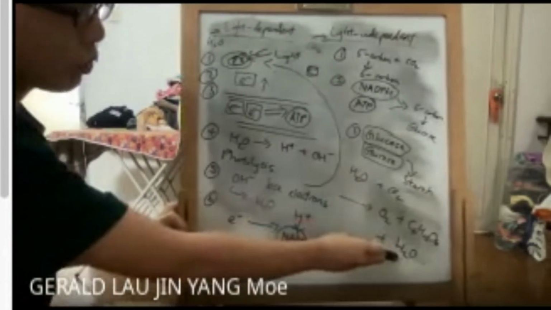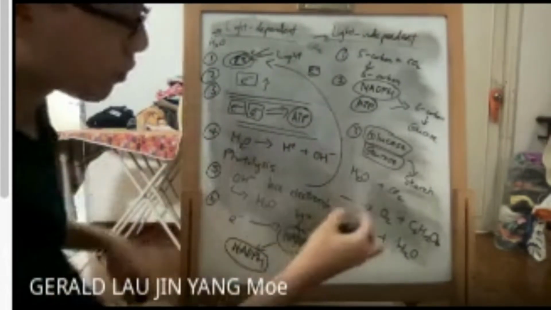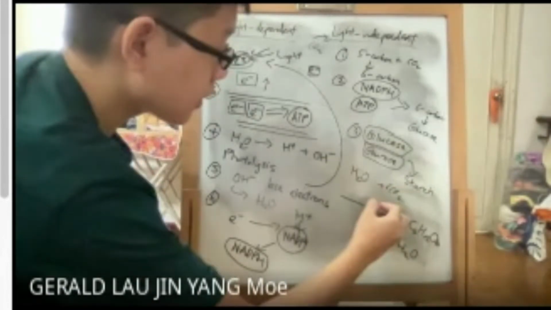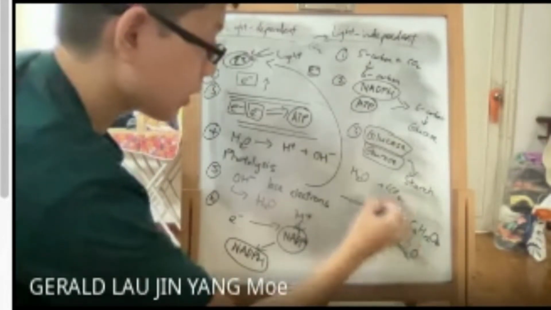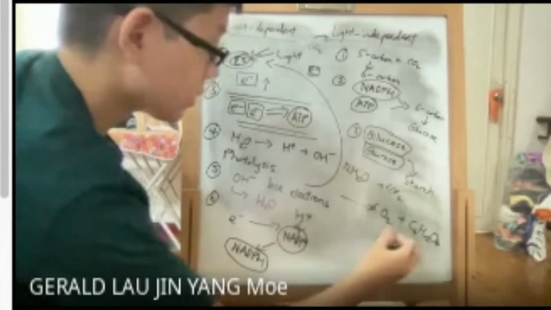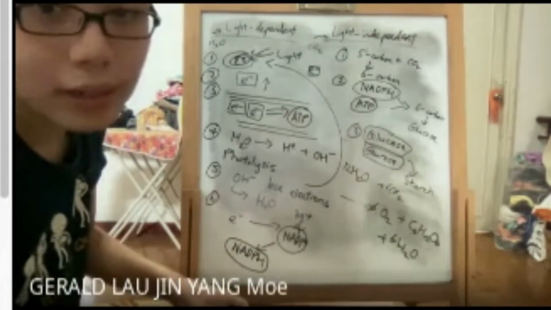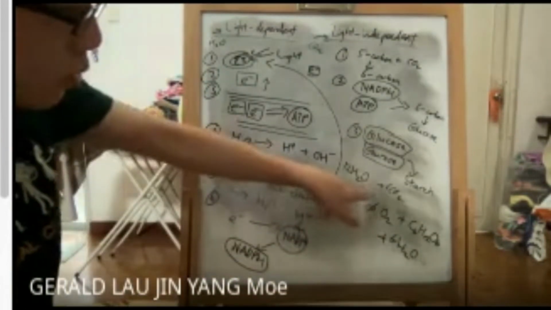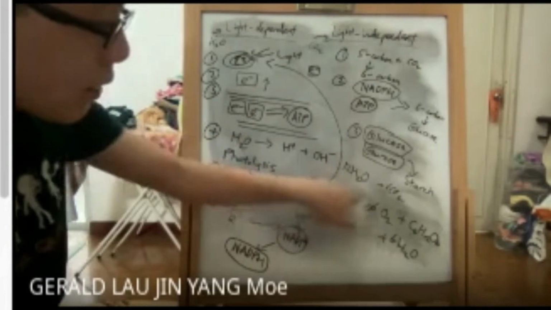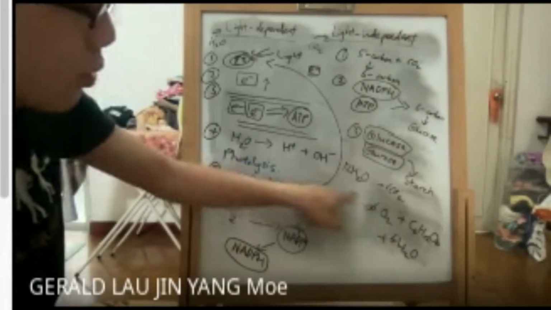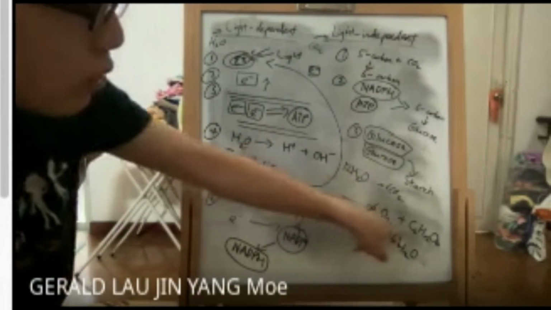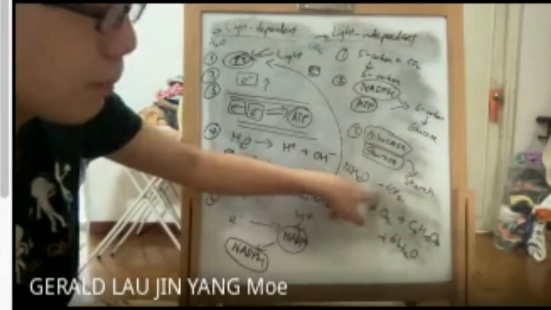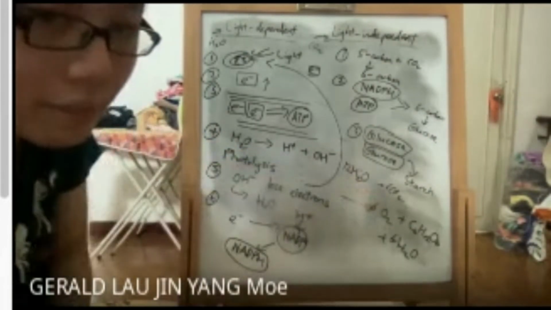So here, everything will be 6, and then here will be 12, and then here will be 6. Understand how to balance it? 6, 6, 6, and since here already got 6 water, here will be 12. And then you have your glucose. This is the balanced chemical equation.